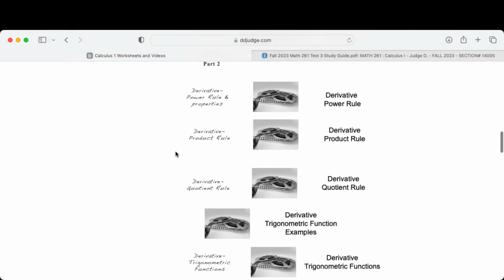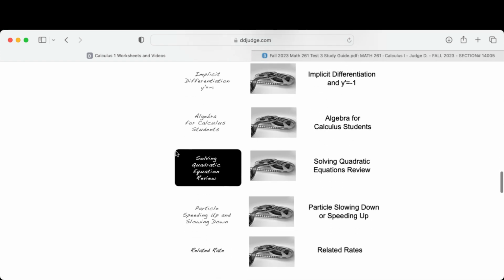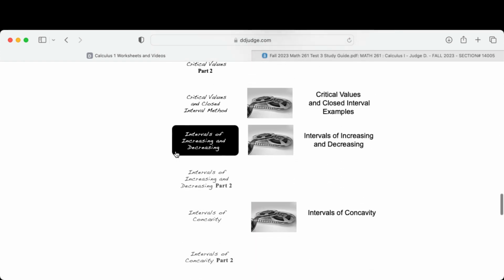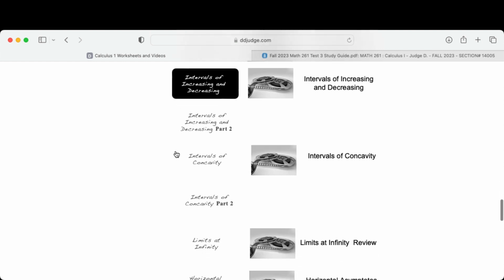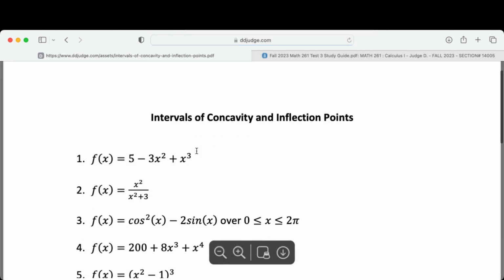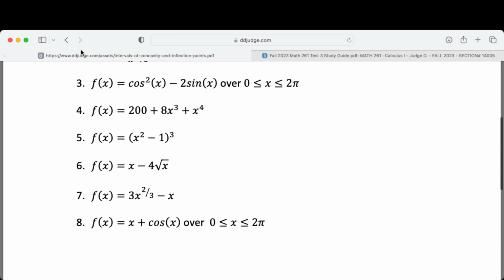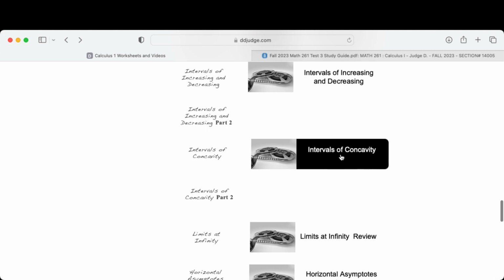If I go back and look, what do we do here? Here's the interval of concavity worksheet. Right, you see all these here? On the video, you guys have these examples.